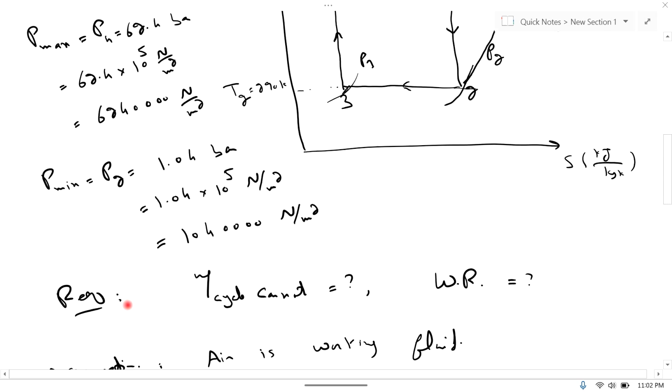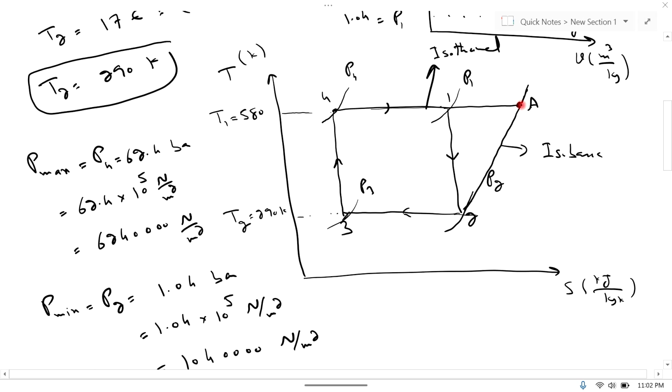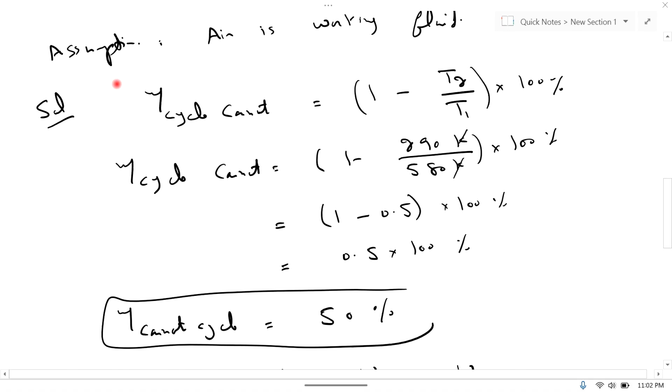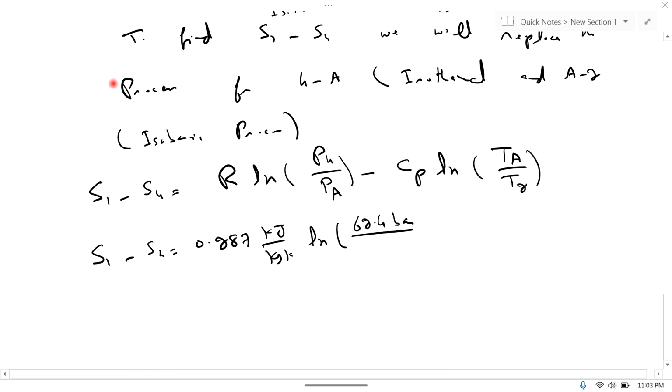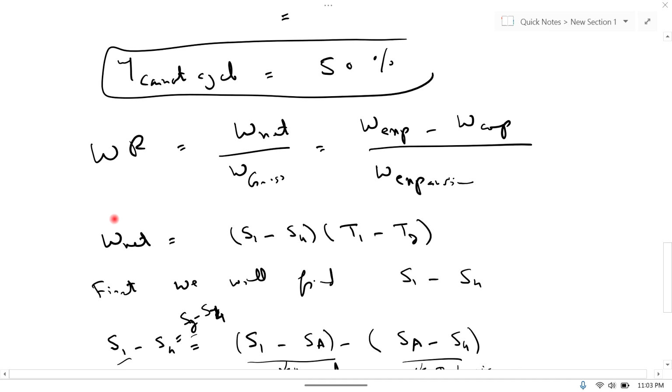Pa and P2 are equal because this is a constant pressure line. So Pa is equal to P2, which is equal to 1.04 bar, minus Cp. The value of Cp here is 1.005 kilojoule per kilogram per Kelvin.